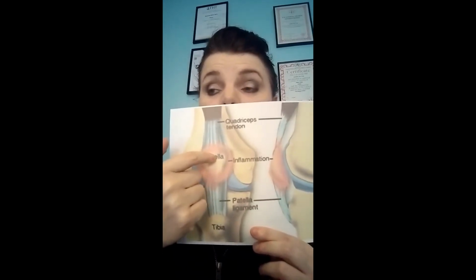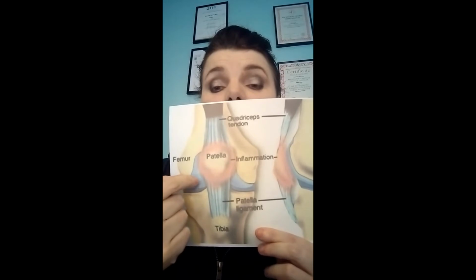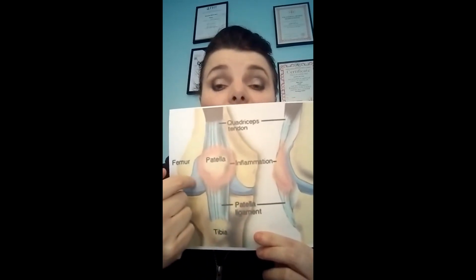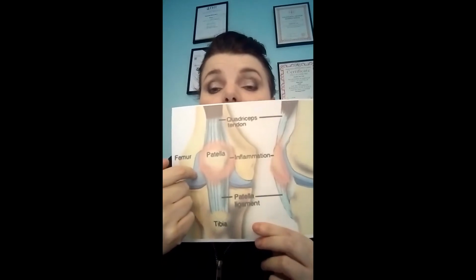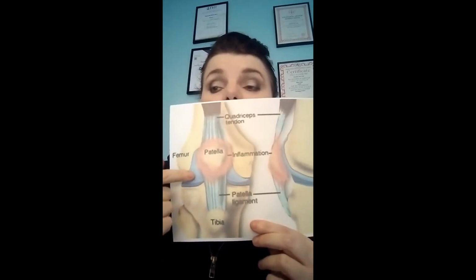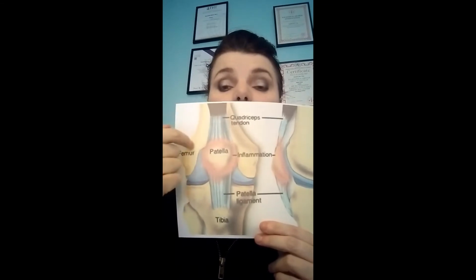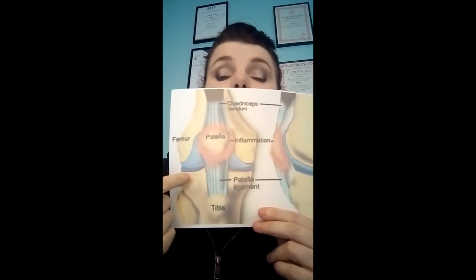The kneecap sits in that groove, which is lined in blue here with thick cartilage. This cartilage sits between the thigh bone and the tibia, which is the bigger bone in the lower leg.